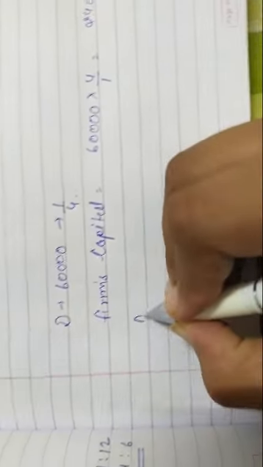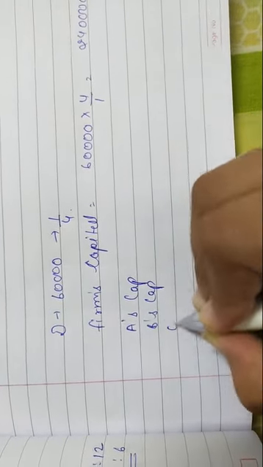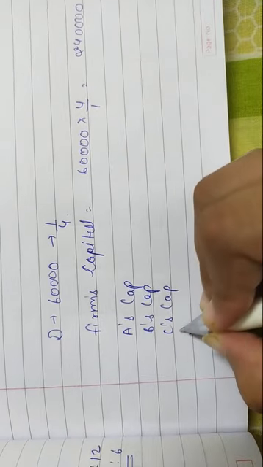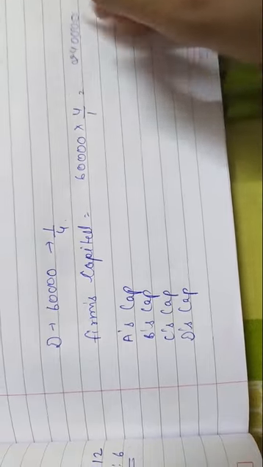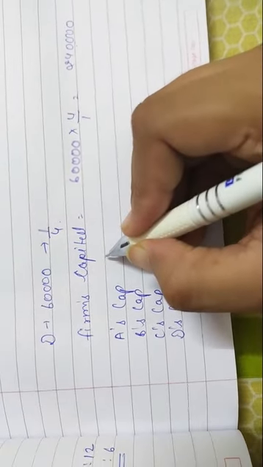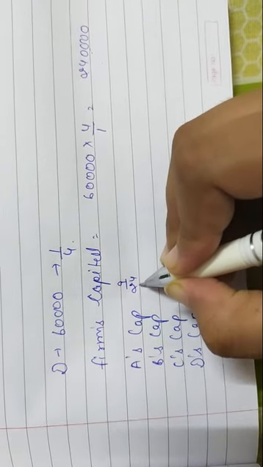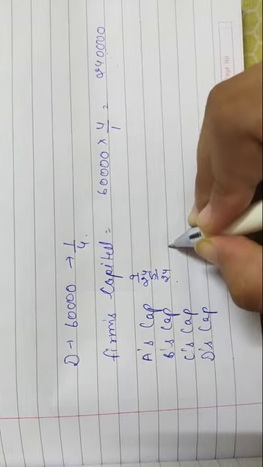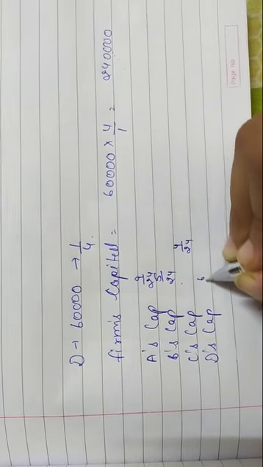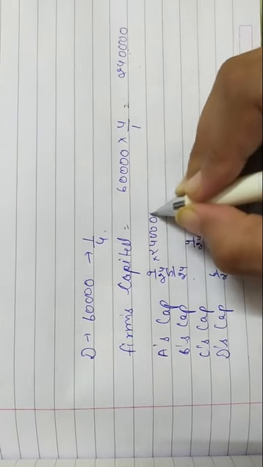So now A's capital, B's capital, C's capital and D's capital we need to calculate as per new profit sharing ratio, that is 9 upon 24, 5 upon 24, 4 upon 24 and 6 upon 24 multiplied by 2,40,000.